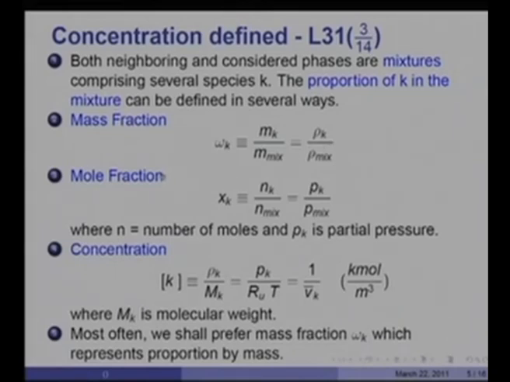Now, chemical engineers often use mole fractions, and combustion engineers also use mole fractions many times to define species composition, and it is defined as x_k, the number of moles of K divided by the number of moles of the mixture. And in gases, if we assume validity of the perfect gas law, then this can also be shown equal to the partial pressure of species K divided by the pressure of the mixture.